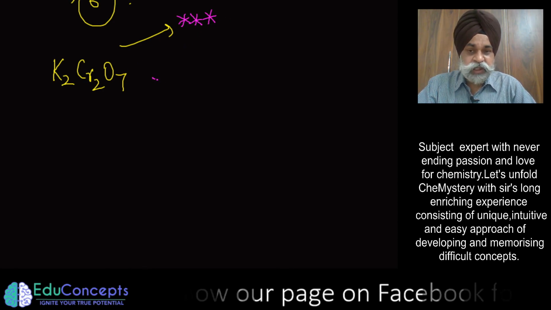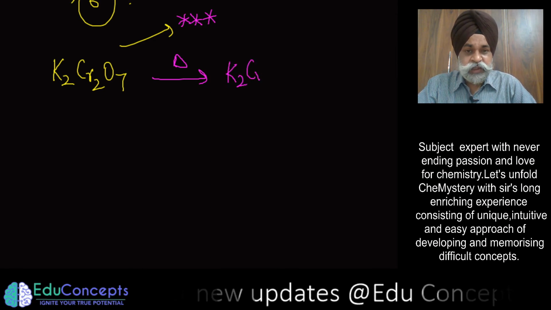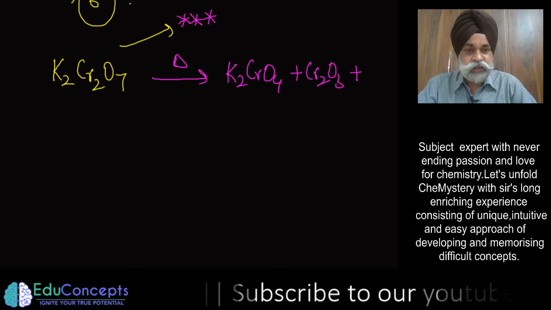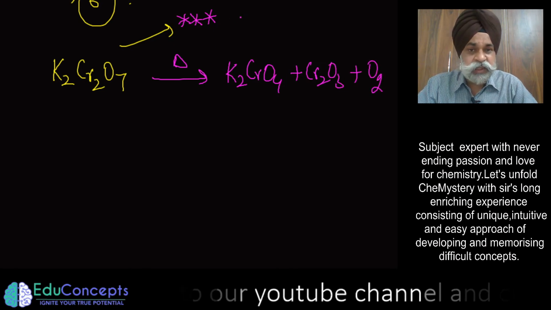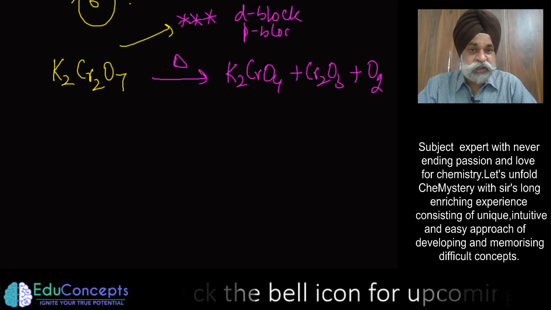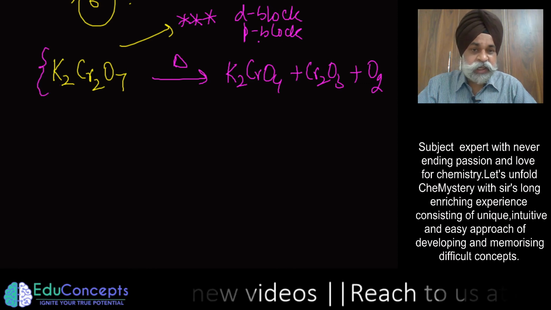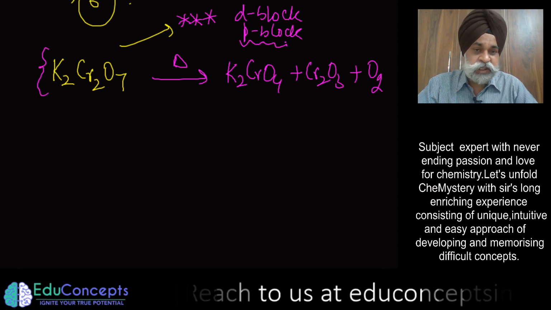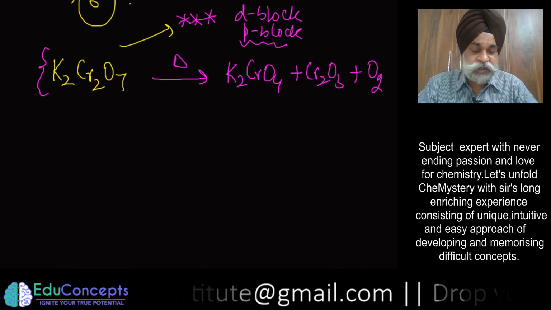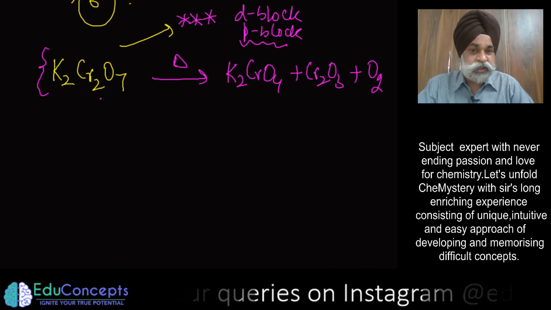So on heating, this again is a beautiful question. It comes in the topic of D block as well as P block, because this is the production of oxygen gas. Oxygen can be formed by decomposition of this particular compound.